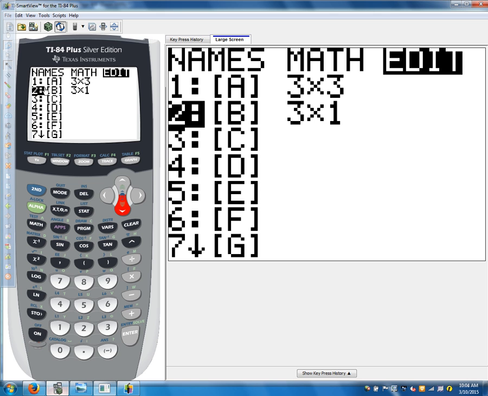I have a 3 by 1 matrix, so the solution is negative 3, 2, and 5. So those would be my constants.